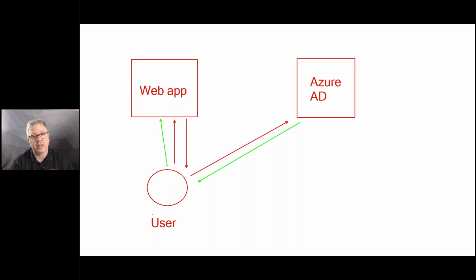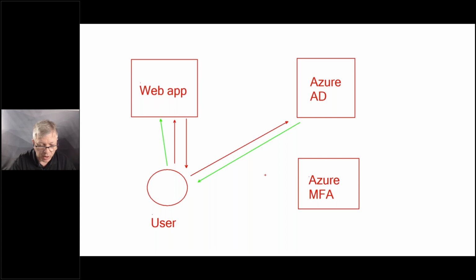And probably at this point, if you've used any kind of cloud-based systems, you're probably aware of multi-factor authentication. And the idea of multi-factor authentication is pretty simple. We have a separate system over here, which is my multi-factor authentication. And in this case, today, we're going to be talking about Azure MFA.